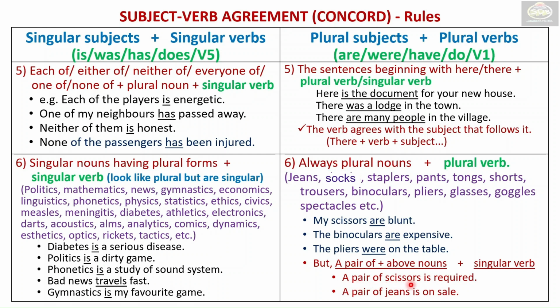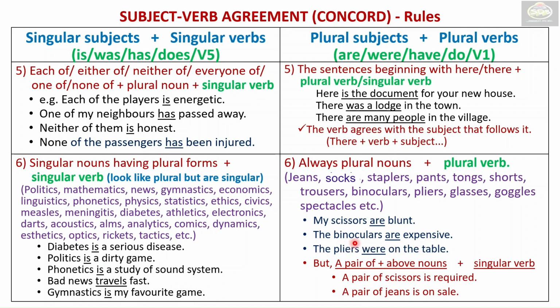A pair of scissors. You know, pair. Before of, before the preposition, what is given there should be considered while making agreement with the verb. A pair of scissors is required. You know, a pair is. Similarly, the binoculars are expensive. We cannot say binocular.